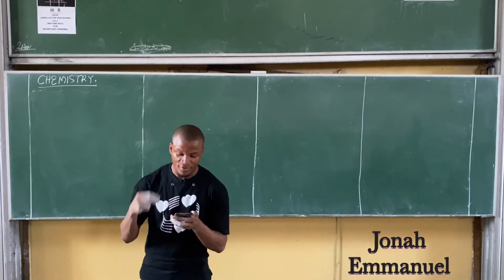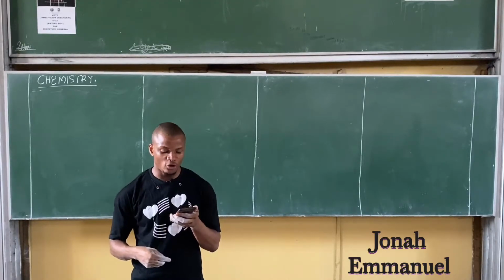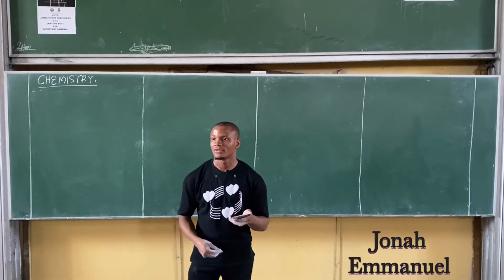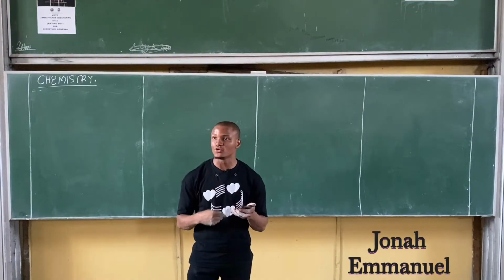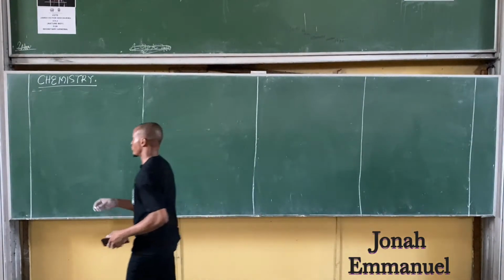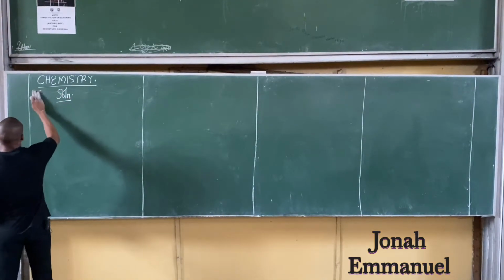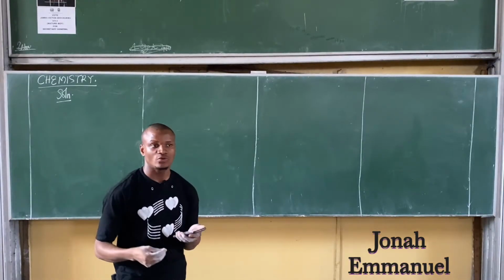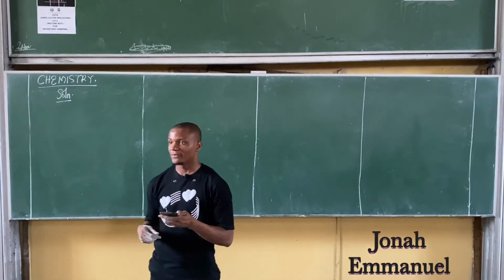Full stop. Find the volume if the pressure is reduced to 750 millimeter mercury. Full stop.